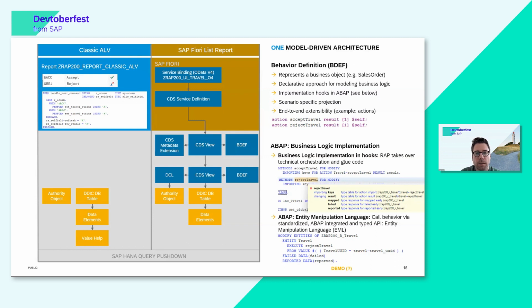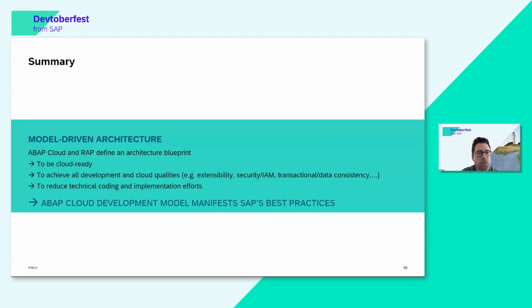So, then we are at the end of the demo part and going to the next slide to summarize all that we discussed. What we want to give you as a key message is that with ABAP Cloud, we have a development model for cloud-ready applications, services, and extensions. And it provides this architecture blueprint.